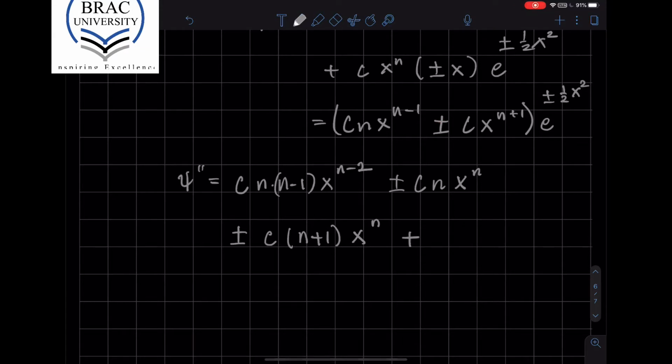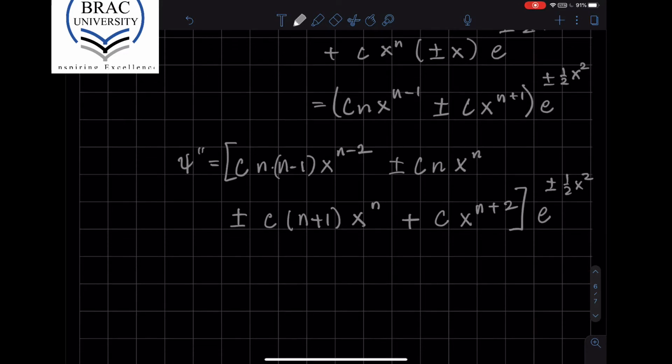So I'll just have plus c, and then there would be a factor of x coming down, so we have x to the power n plus 2. The whole thing is going to be multiplied by e to the power plus or minus half x squared. So what is our differential equation going to be?